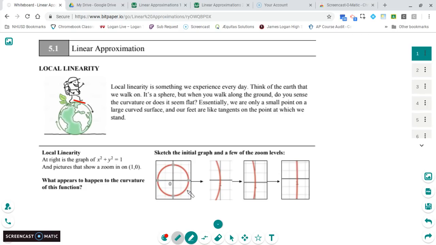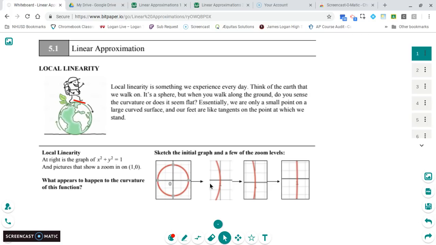You can kind of see that in this sketch of the unit circle. What I have done is zoomed in on this point here, (1, 0). So here's the unit circle, and then I zoom in on one small section of it, and you can see the curvature is still evident, but it does look a little flatter.